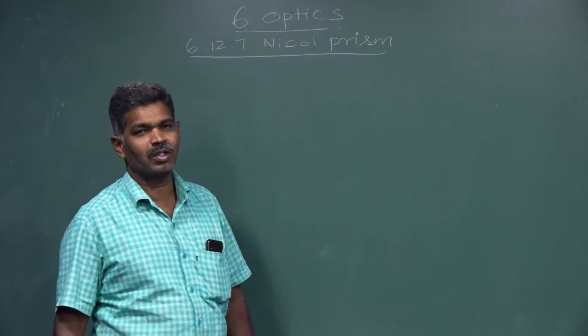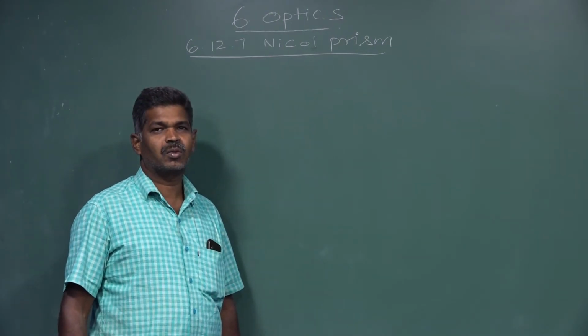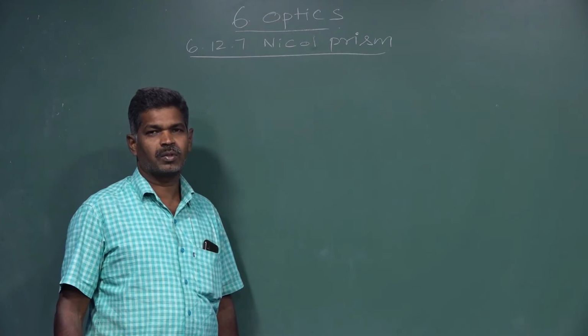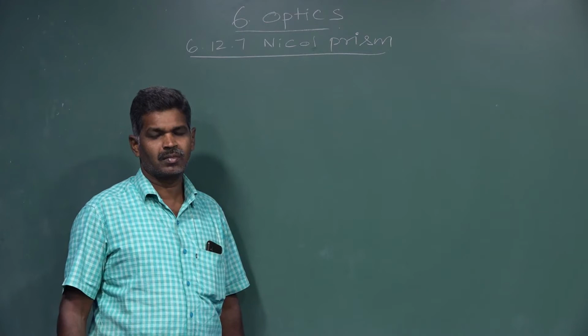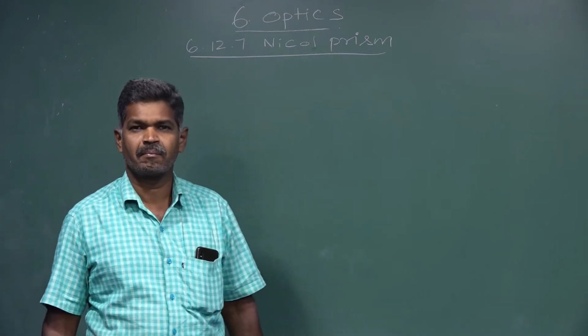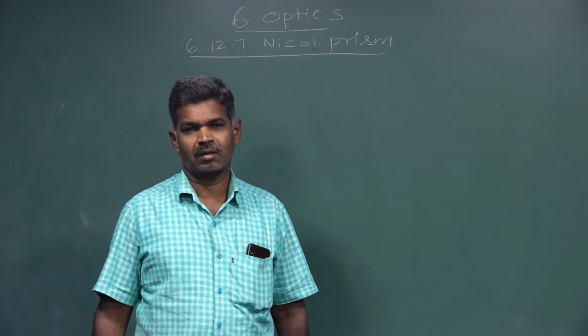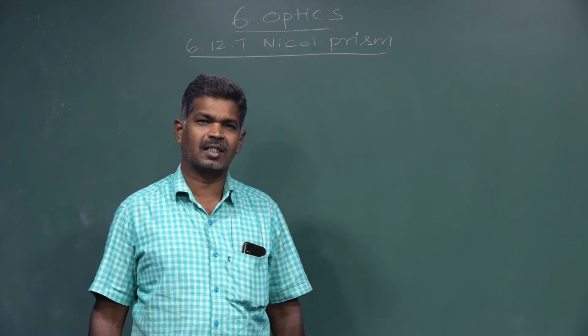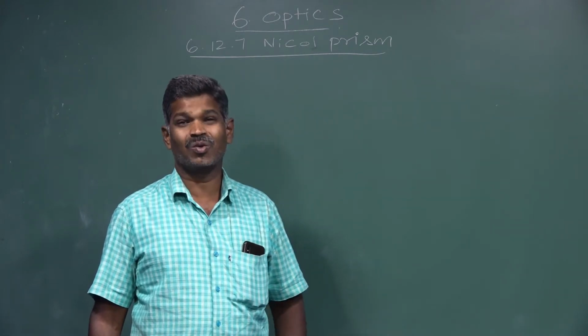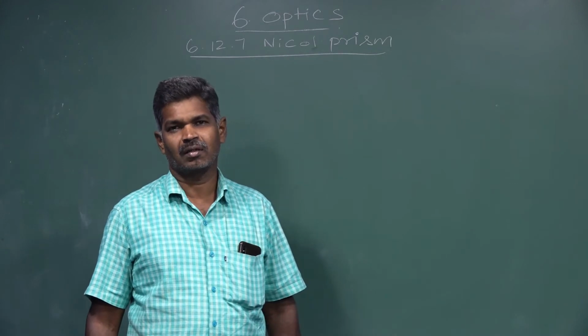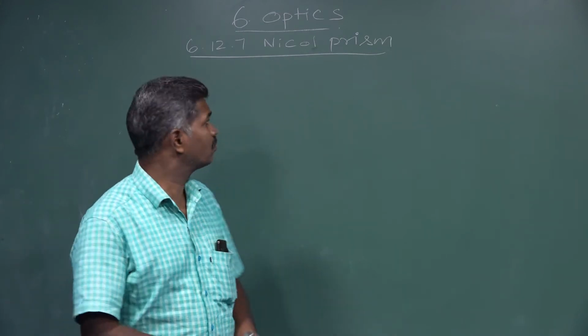Today we are going to see about the Nicol prism. This Nicol prism is used as a polarizer and also acts as an analyzer. This was designed by William Nicol.